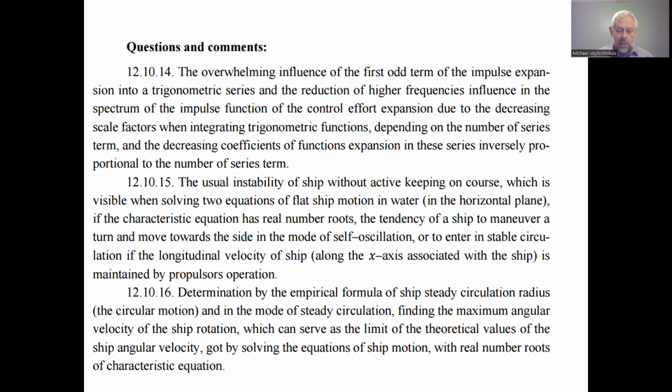Then the ship goes into steady circulation with a definite radius of circulation, and this is what we can have when the ship loses control on the straight trajectory.